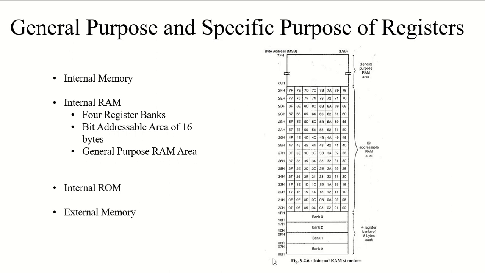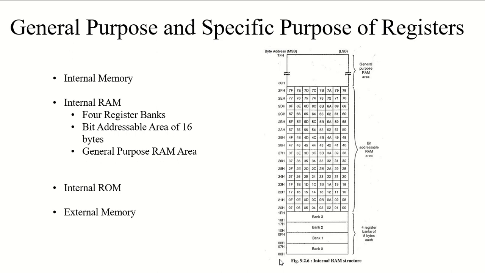You can see bank 0 starts from 00H and it goes till 07H. So if we calculate, it would be 8 bytes. Then we have 08H and it goes till 0FH. Again it is 8 bytes. Then it starts from 10H to 17H, and then 18H to 1FH.